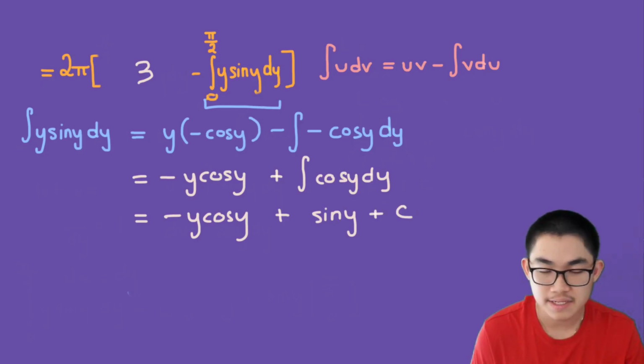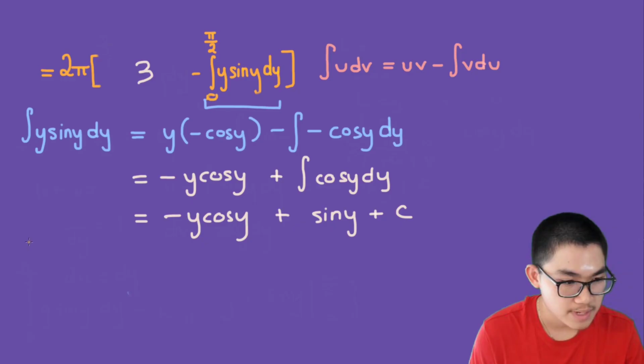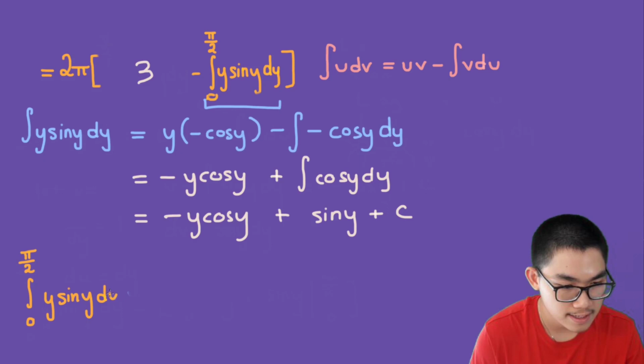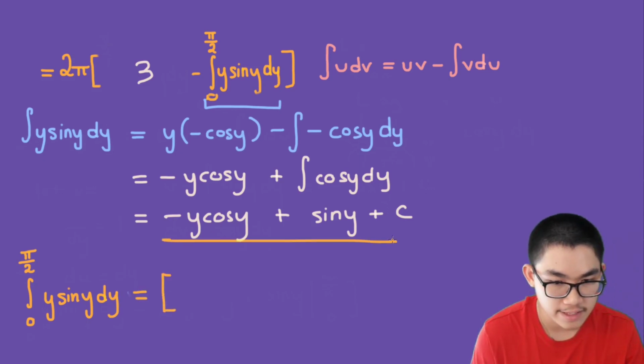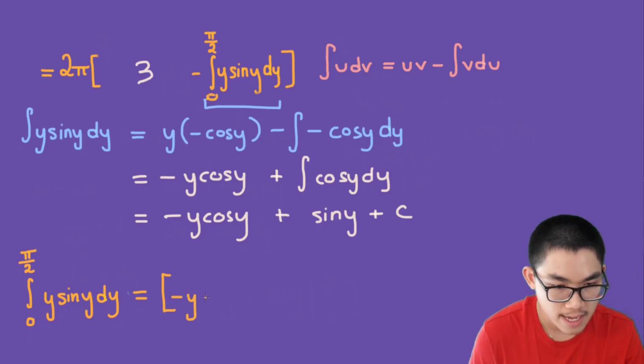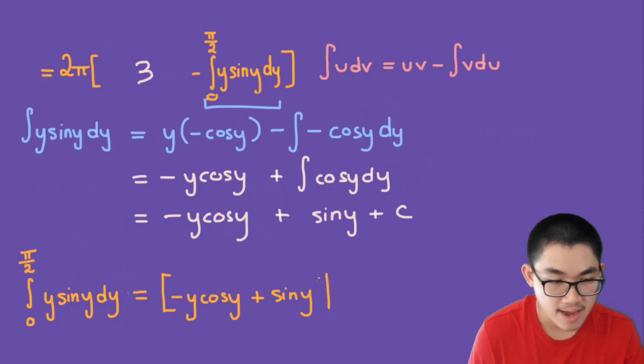So what does this mean? Well, this means that our definite integral, pi over 2 to 0, of y times sine of y dy, is the same as the antiderivative, and that's this part right there. So negative y cos of y plus sine of y. And the boundary goes from pi over 2 at the top to 0 at the bottom.